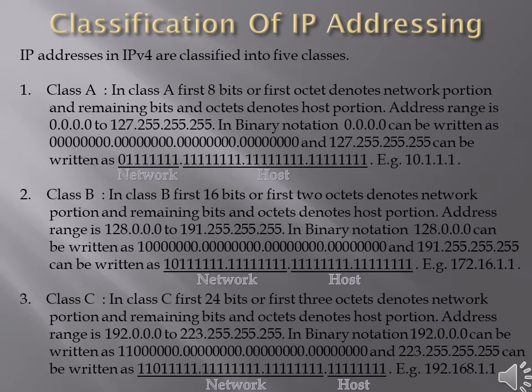Address range is 0.0.0.0 to 127.255.255.255. In binary notation, 0.0.0.0 can be written as all zeros in all 4 octets, and 127.255.255.255 can be written as 0 and all ones.